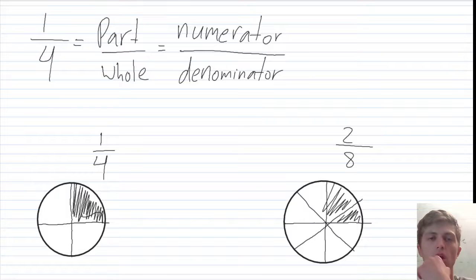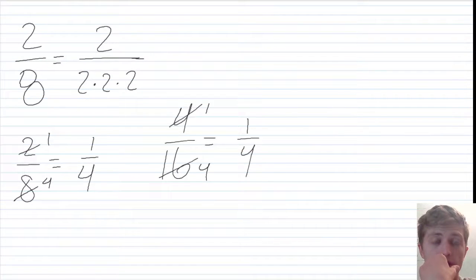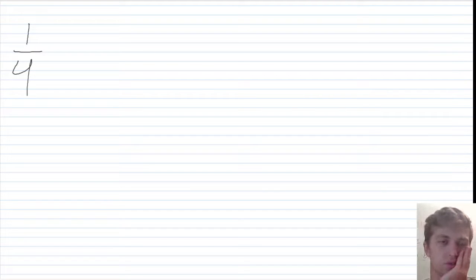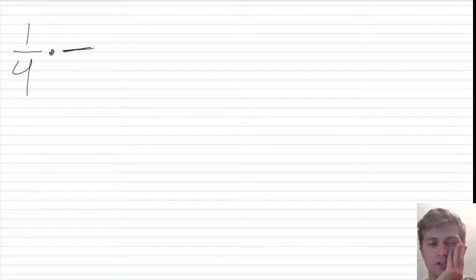Now let's say we just started off with 1/4 and we wanted to ask the question, what are some equivalent fractions to 1/4? So if we're starting from a fraction trying to find others, what we have to do is multiply by another fraction, so long as the numerator and denominator are the same thing.